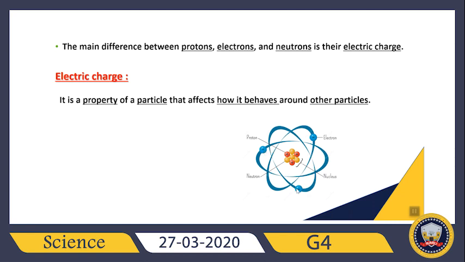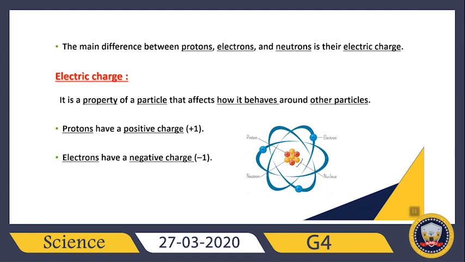It's called negative charge. So each proton has positive one, and each electron has a negative charge, negative one or minus one.